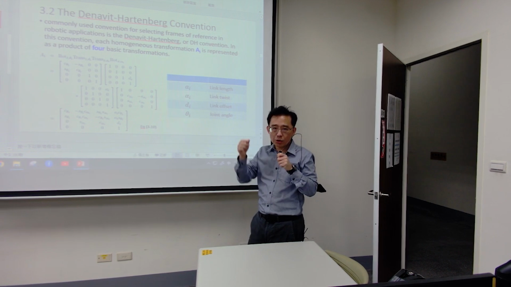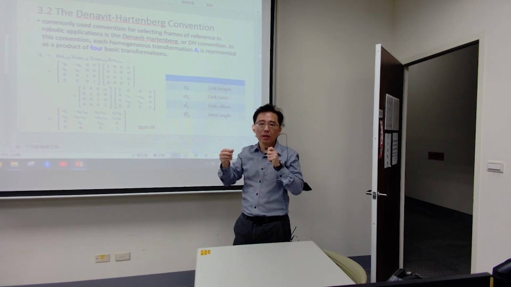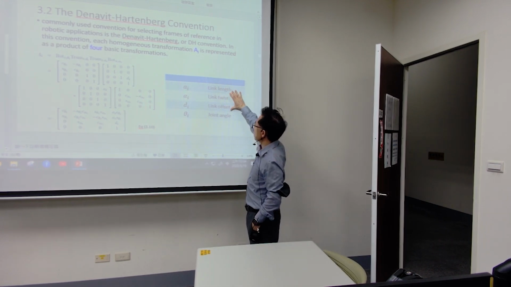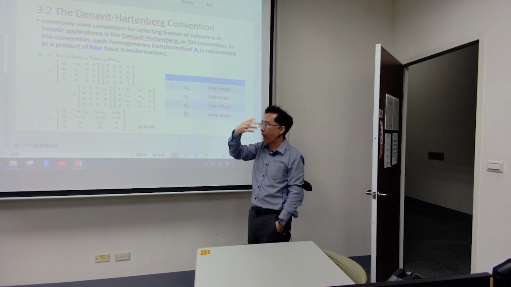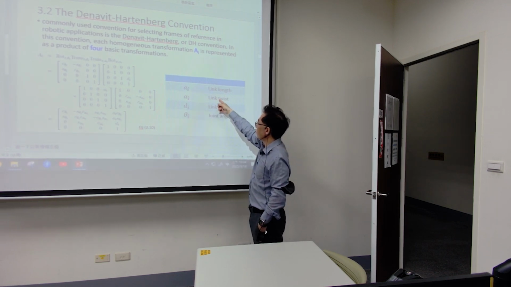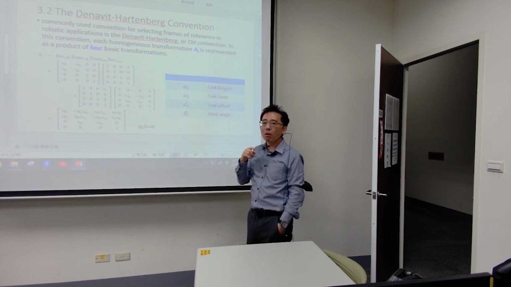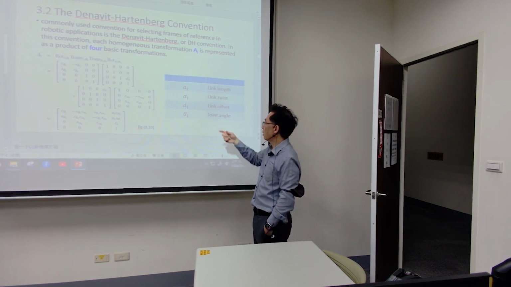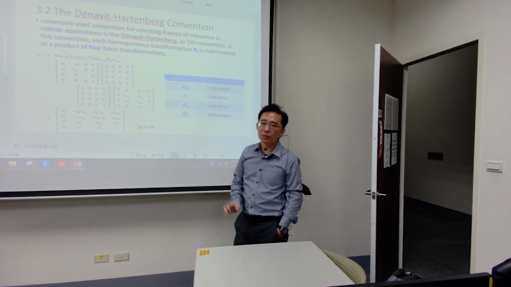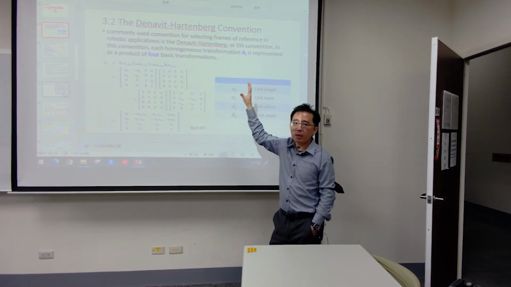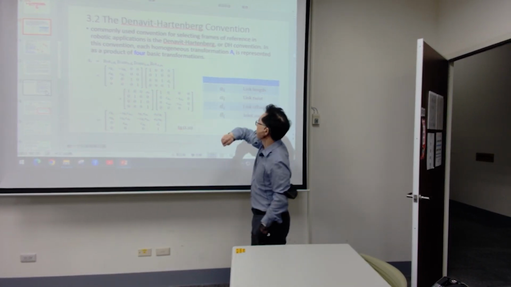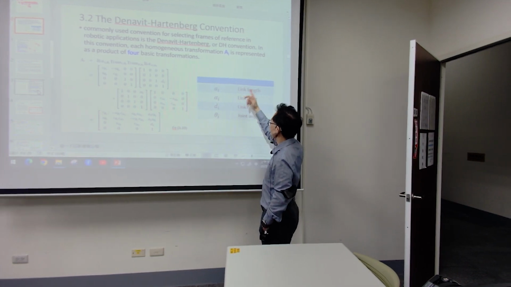As with the pen I showed you, this is the offset length. Okay? So these two are about length, and these two are about angle. The alpha, they call the link twist, and theta is the joint angle, the rotation angle.